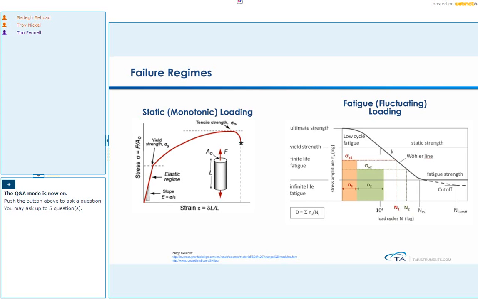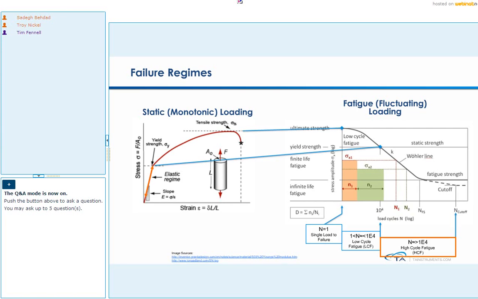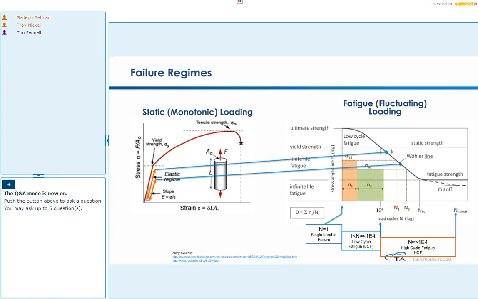So how is this related to the graph on the left? We have three regions on the graph on the right. First, say we are applying a very high load, similar to your ultimate tensile stress. You pull once, your sample breaks, and that's done. Now, if you reduce that load to something between ultimate tensile strength and yield strength, you can bounce up and down and change the load for a few cycles, but your sample is going to break really quickly.